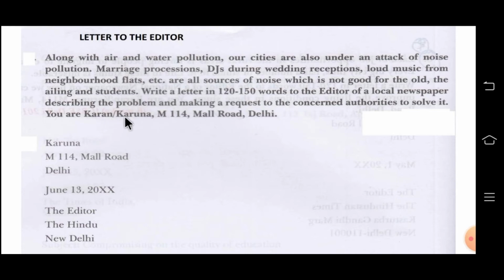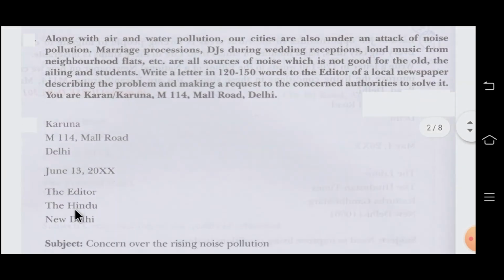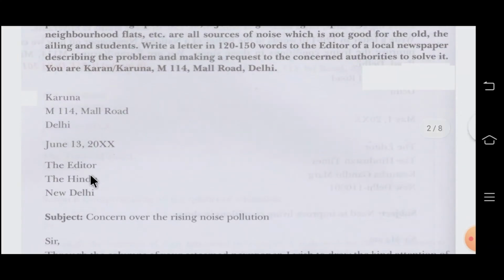You are Karan Karuna, 114 Mall Road, New Delhi. First of all, you have to write the sender's address, then have a one line gap, then the date, with one line gap both before and after the date. Then the address of the editor, The Hindu newspaper, and the subject, with one line gap between the address, salutation and subject.